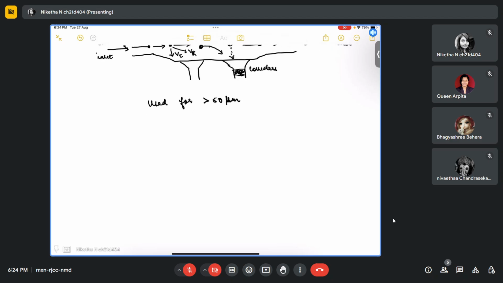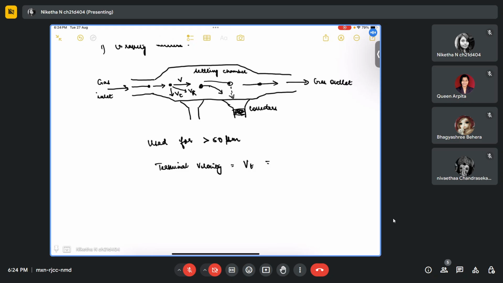Okay, so now we saw what the settling velocity or terminal velocity is. This is denoted as Vt. Can you tell me the general formula of velocity? What is velocity?